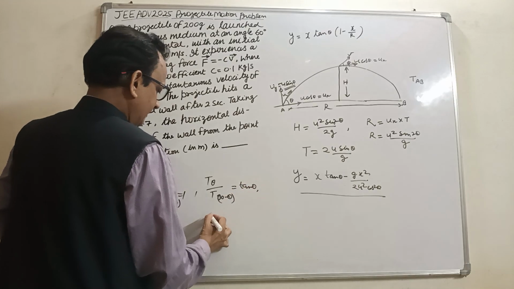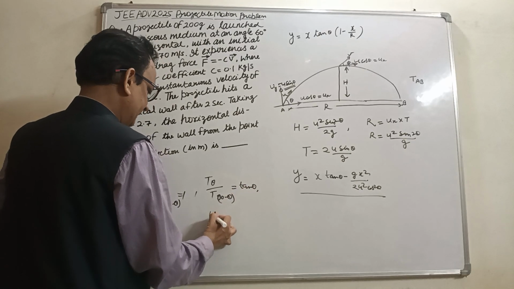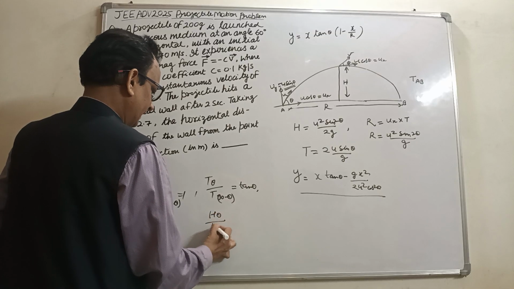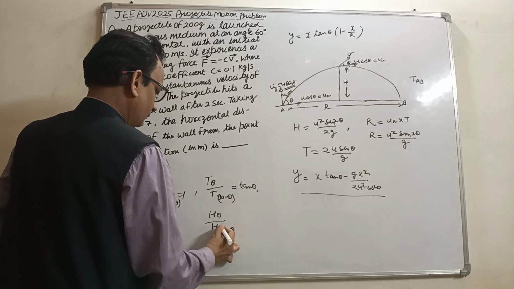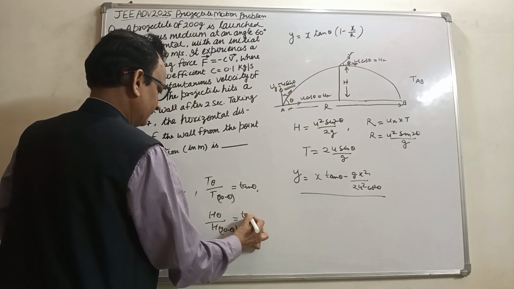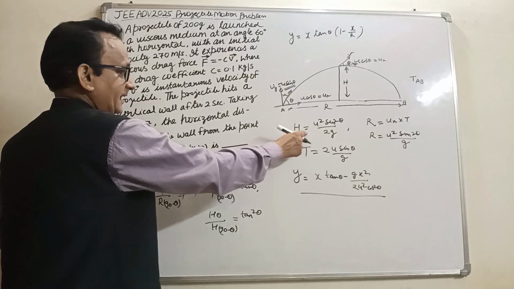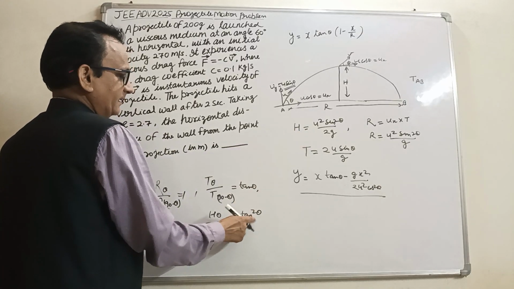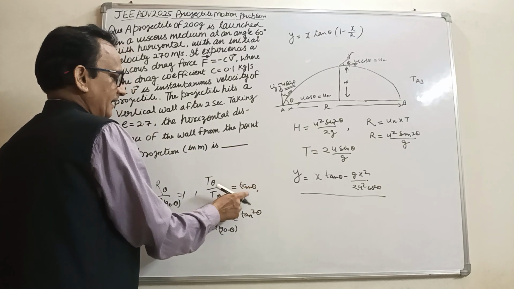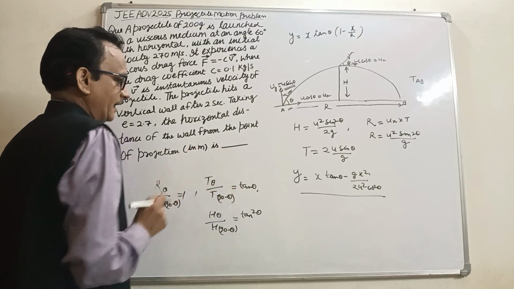And we write H theta upon H 90 minus theta would be tan square theta. When we place the values theta and 90 minus theta in this equation and solve, we get the result tan square theta for heights, and for time of flight, tan theta.